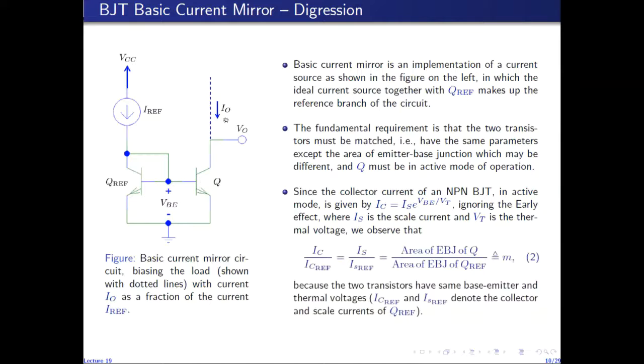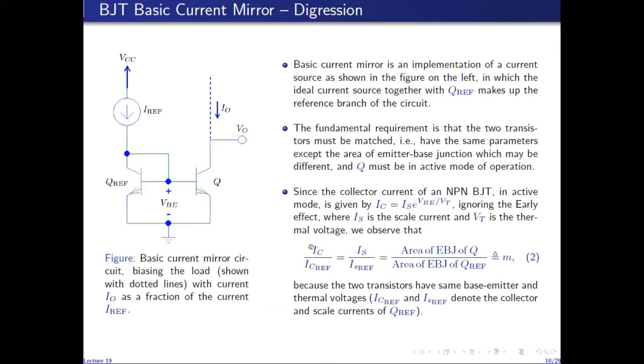IS is the scale current and VT is the thermal voltage. So if I represent the collector current of Q as IC and the collector current of QREF as ICREF, which is the current flowing through this branch, then since the base to emitter voltage for Q and QREF is the same, I can write IC like this, and I can write ICREF with a similar expression, in which the scale current will be different, but VBE and VT and the exponential dependence will remain the same.